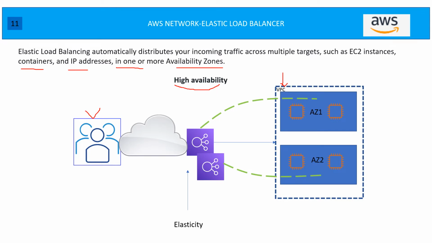And I'm trying to build an application, so I'm going to put those servers into availability zones. The reason is, if this availability zone goes down, at least I have my services up and running here in AZ1. So I'm going to distribute my load here, and this is the high availability on the server side.